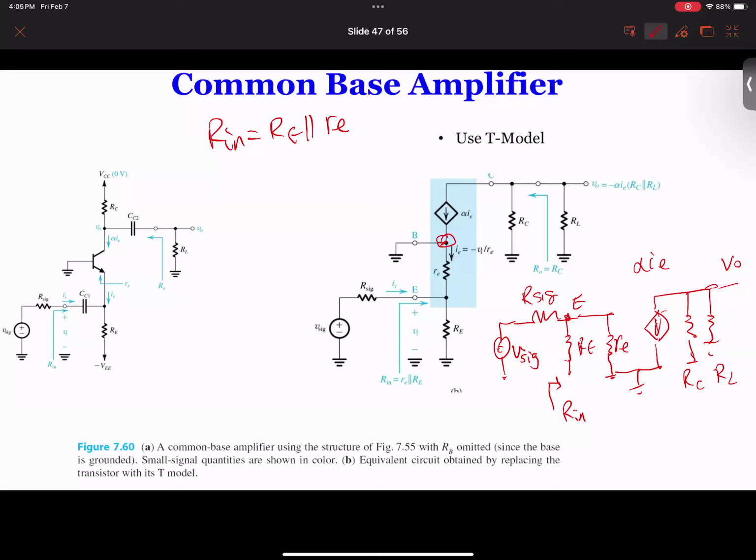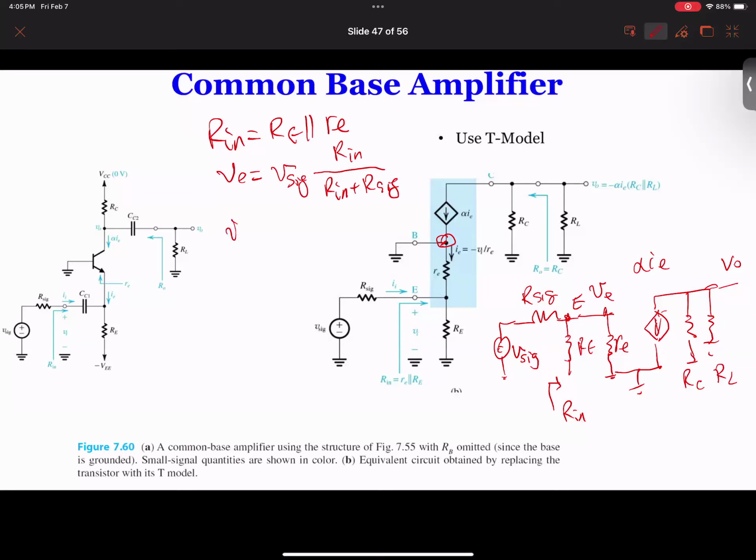And then you have a voltage here. Let's call this VE. So you have VE equal to the voltage divider: V signal times R in divided by R in plus R signal.